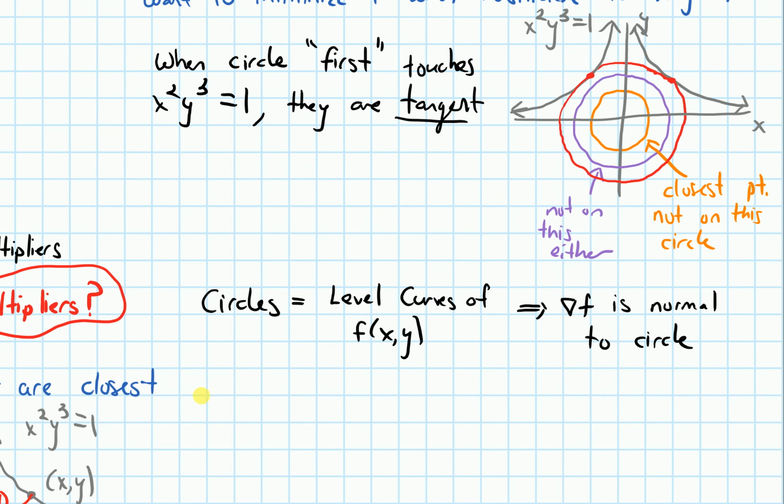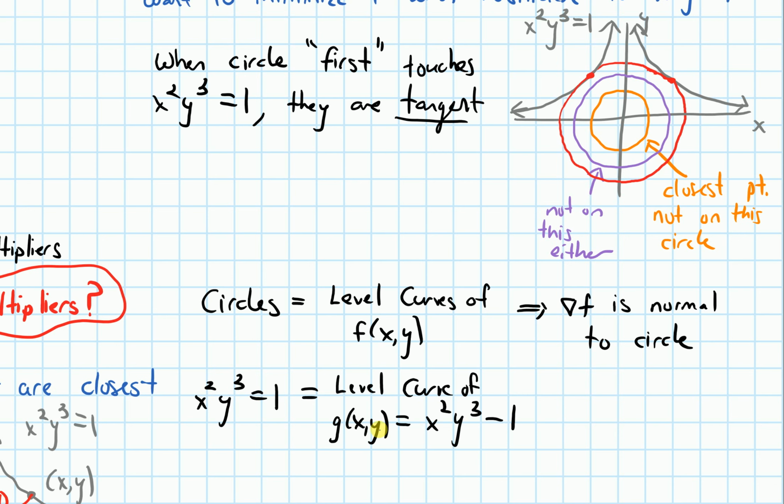Okay, if we think about the curve x squared y cubed equals 1, this is also a level curve of some function. This is the level curve of the function g of x comma y that's defined by, if I were to move the 1 over to the left-hand side and get one side equal to 0, we get the function x squared y cubed minus 1.